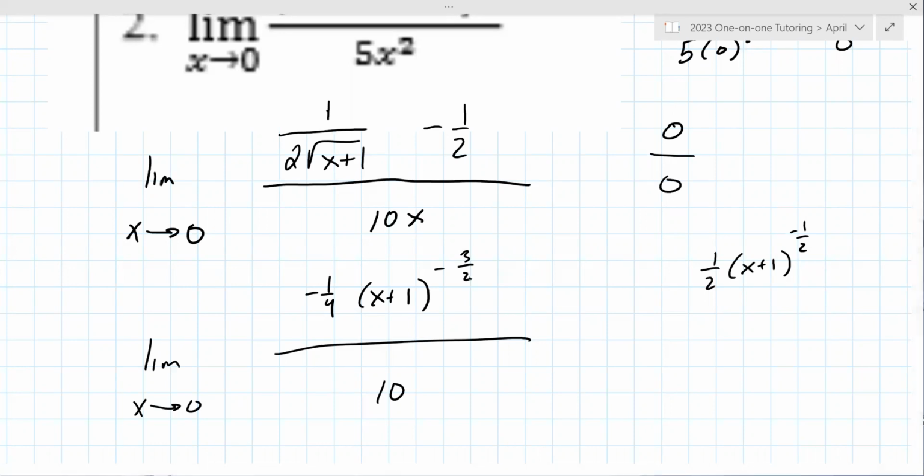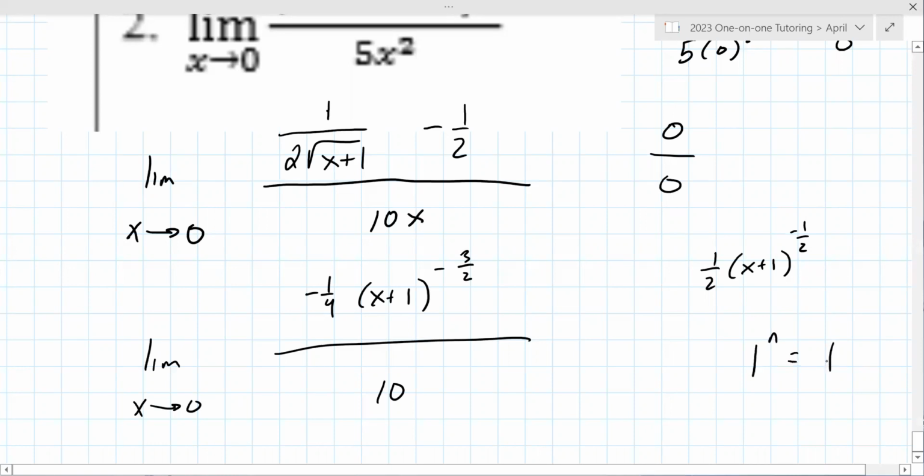And then you can evaluate at 0. The nice thing is that 1 to any power, positive or negative, is 1. So that x plus 1 to the minus 3/2 just becomes 1. Minus 1/4 times 1 over 10. This becomes minus 1 over 40.